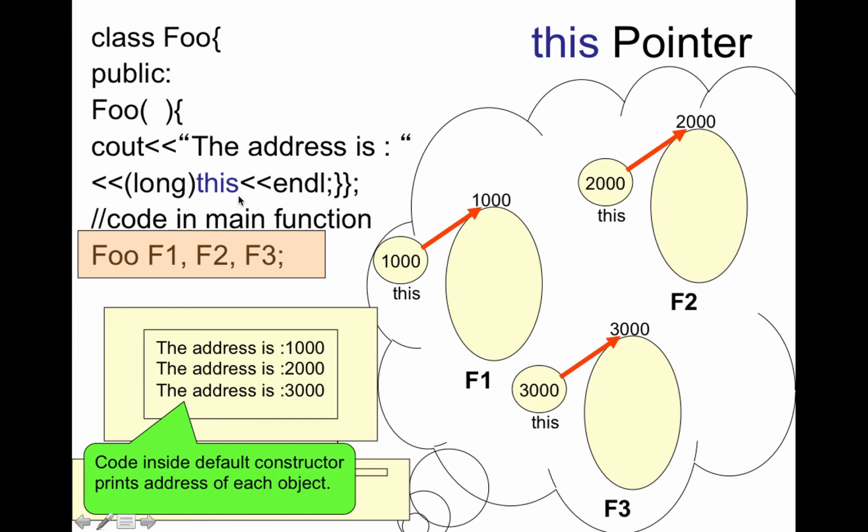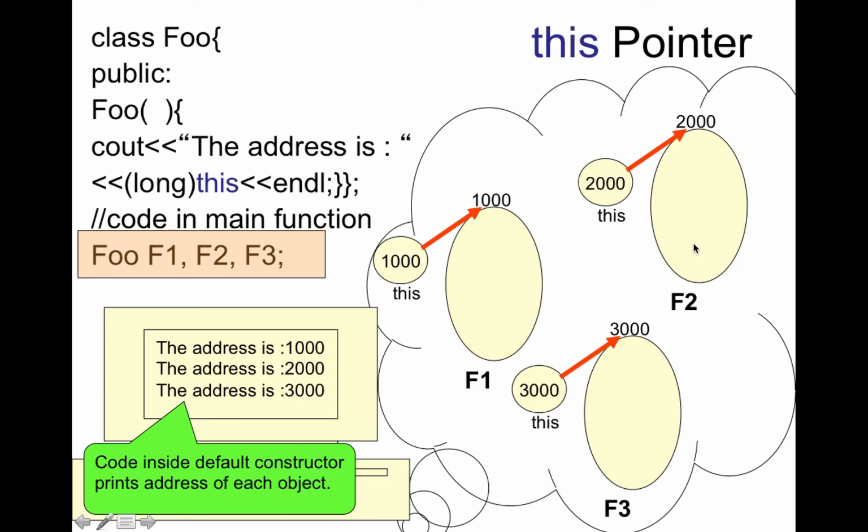If I create 3 objects with foo, and this is the constructor, let's say I create 3 objects, F1, F2, F3. Schematically, this pointer is created for each one of them. If this is F1 and, hypothetically speaking, the address of F1 is 1000, then this pointer is storing that 1000 and pointing to that.